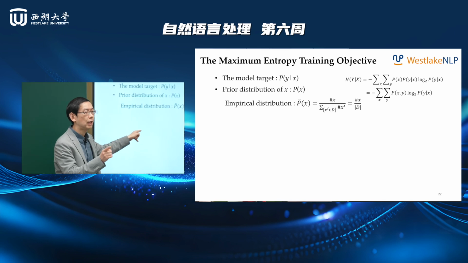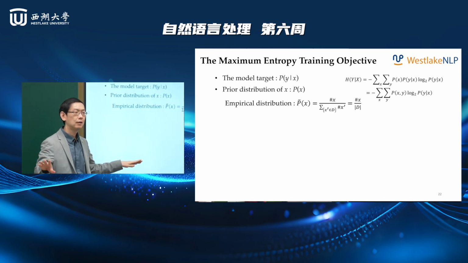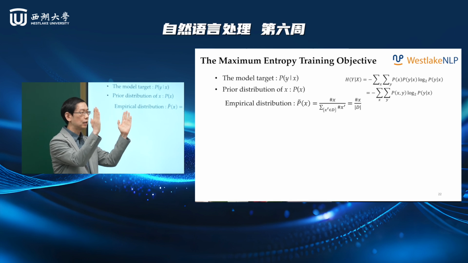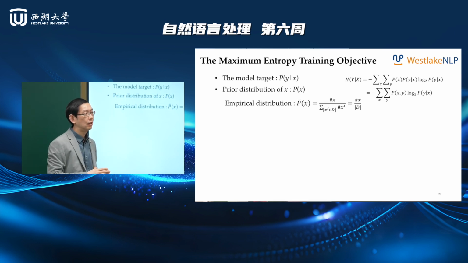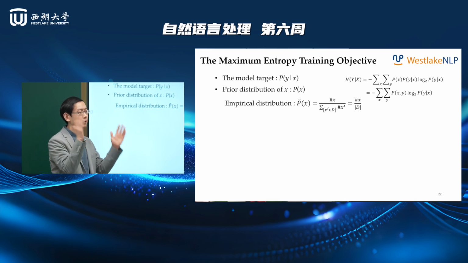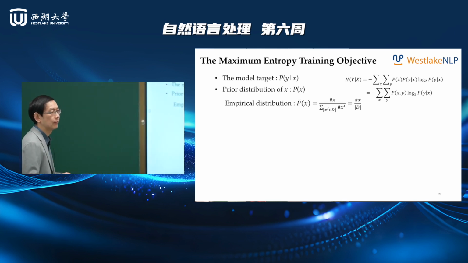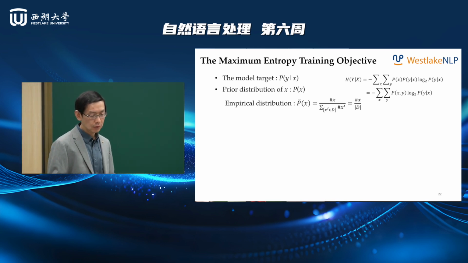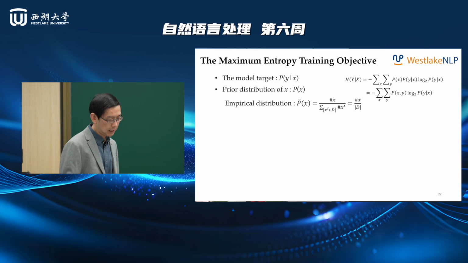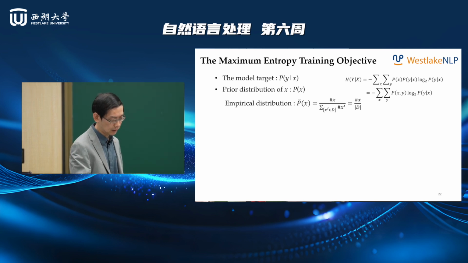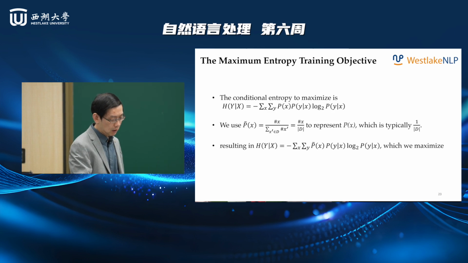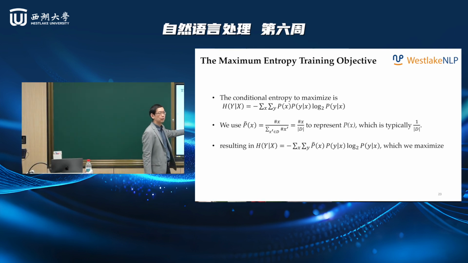P tilde(x) means in my training data, if my training data contains D document-class pairs, and I assume there's no duplication, then every training document has a probability 1 over D. Good. So I approximate P(x), and now the only thing left is P(y|x). Our goal is to maximize H(y|x), and P(x) is already solved. So this is what we're going to maximize.